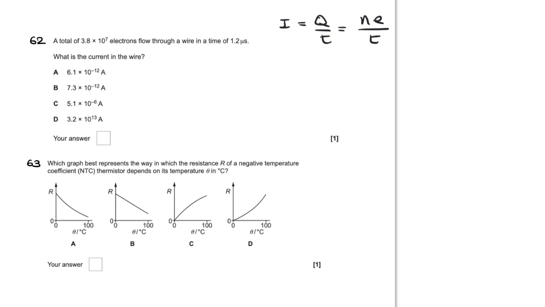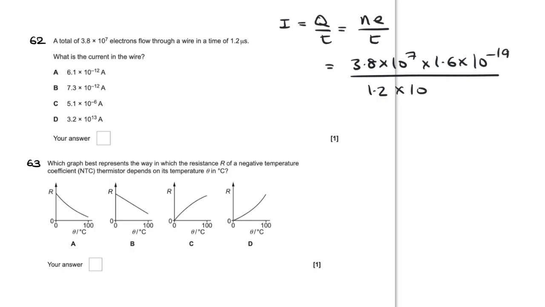So if we want to work out the current, we have everything: the number of electrons, the charge on the electrons, and the time. Just making sure everything is in the right unit and form, let's find out what the final answer is. It's going to be a small value, so D is definitely not the answer. Times 10 to the 7.